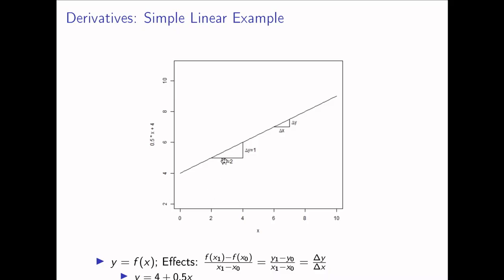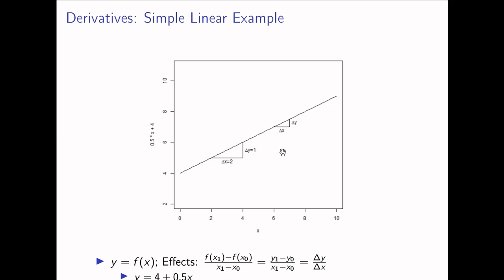Then we plug in x equal to 4, so this product becomes 2, and 2 plus 4 is equal to 6. So the second y, that is y1, is 6. The difference in the two y's is 1. The first y is equal to 5, the second y is equal to 6, and the difference is 1. If we take a ratio of delta y over delta x, that becomes 0.5, which is equivalent to beta 1 here.